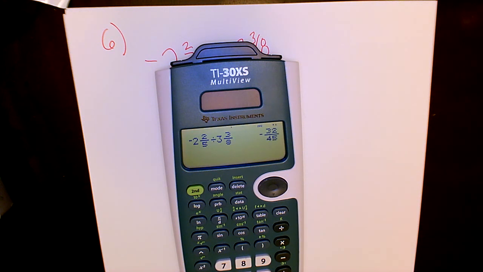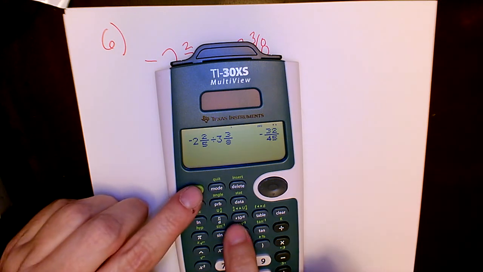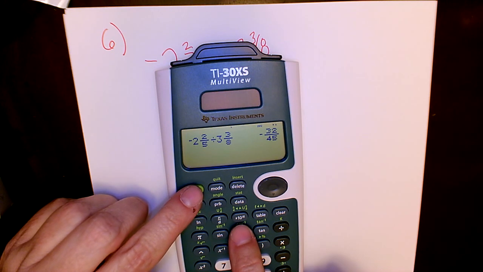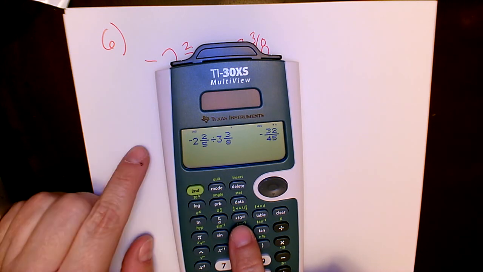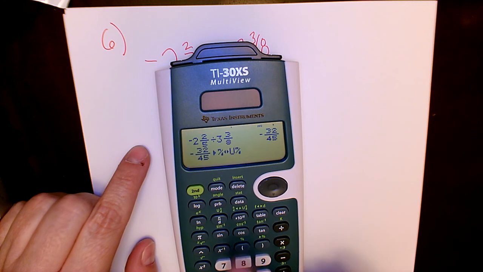And there is the improper fraction. But remember, I want to change that back to a mixed number. So remember, I'm going to go second x10n. Second x10n, which is right next door to n over d.